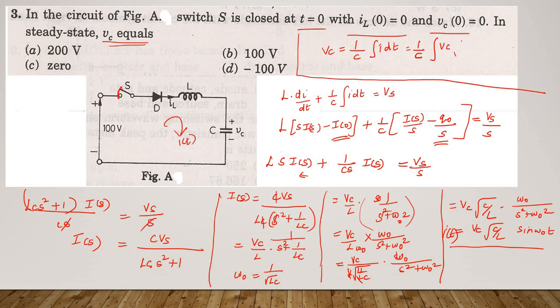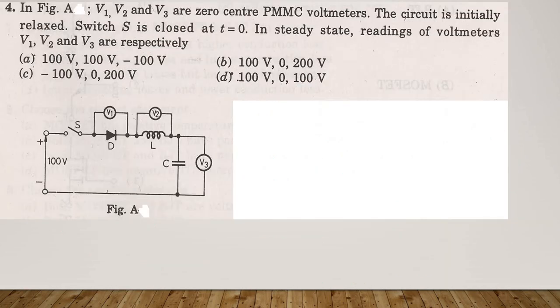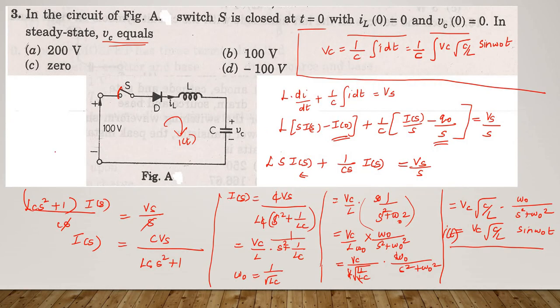I is VC square root of C by L sin omega naught t. And put the limit 0 to t. So 1 by C into VC into square root of C by L, apply the limit, and finally I get 1 minus cos omega naught t.